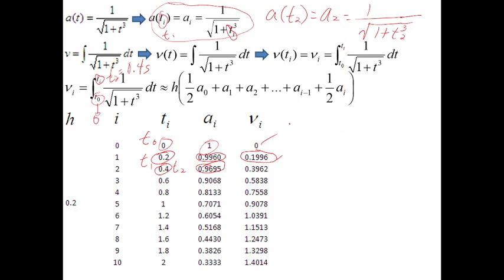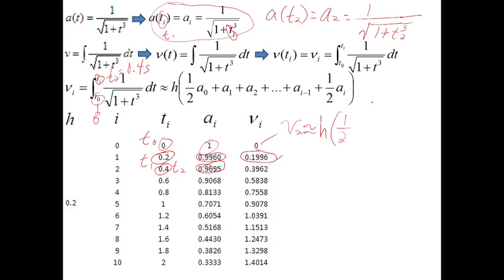Then for the velocity, we have v sub 2. V sub 2 is approximately equal to h times 1 half.